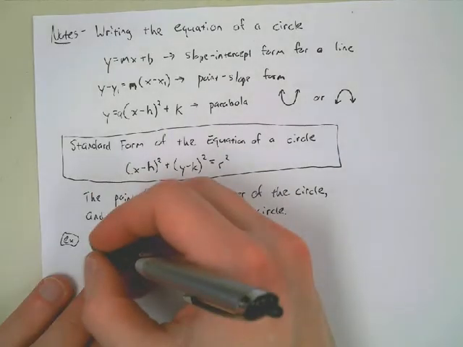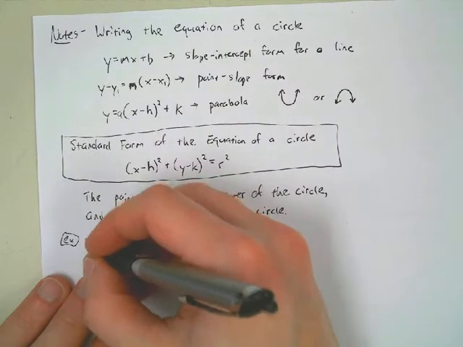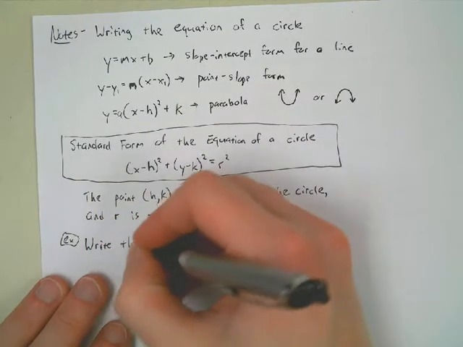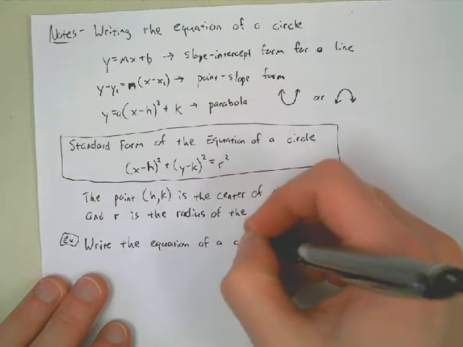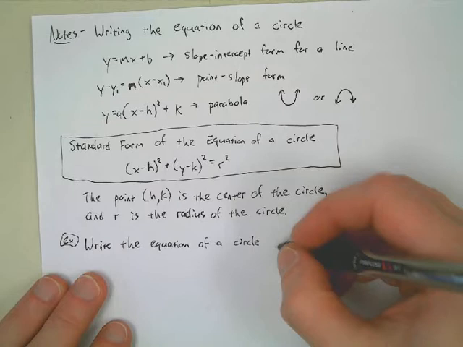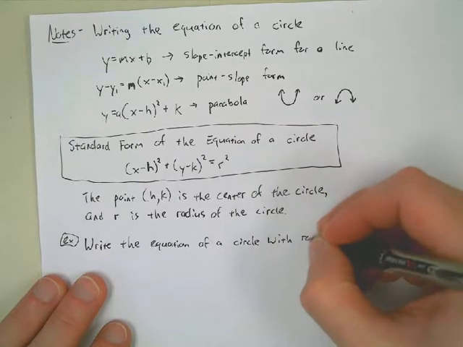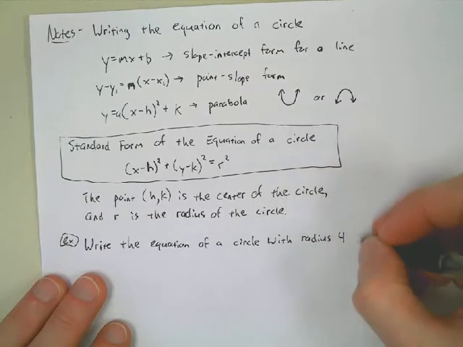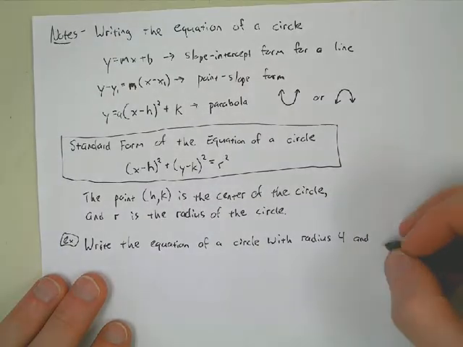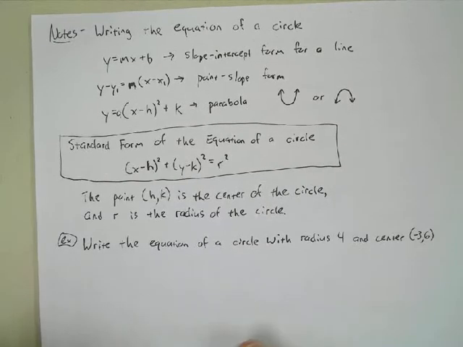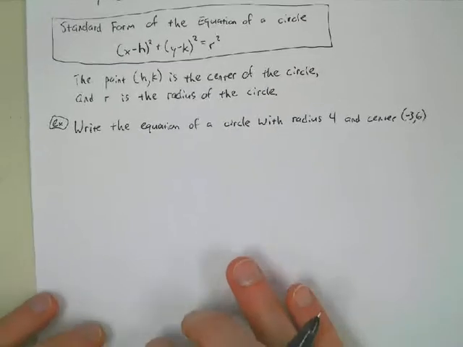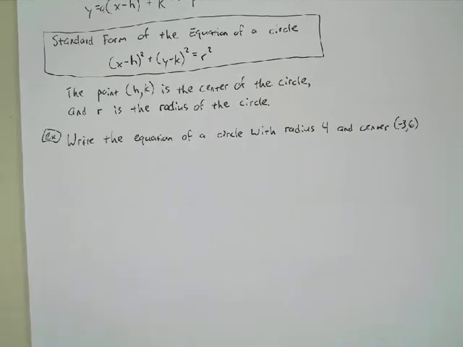Let's say we want to write the equation of a circle with radius 4 and center -3, 6.